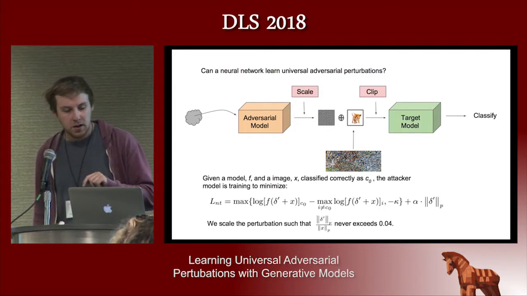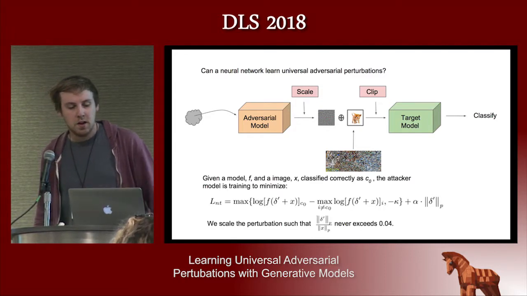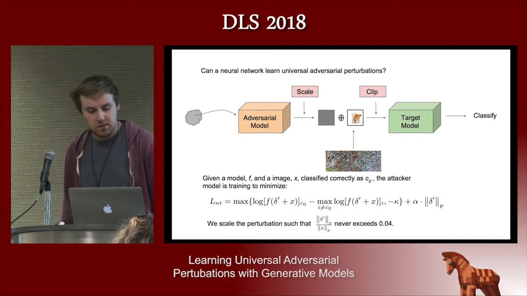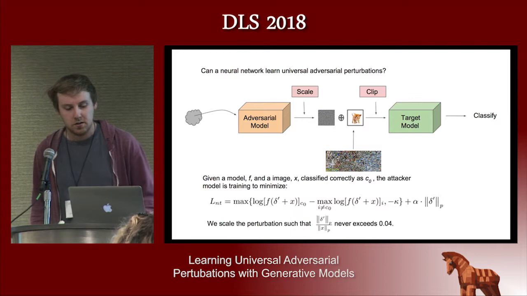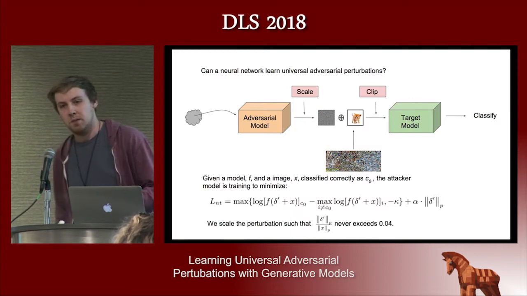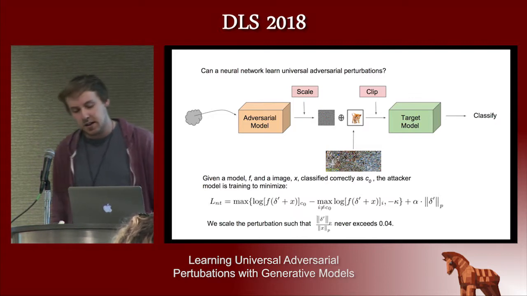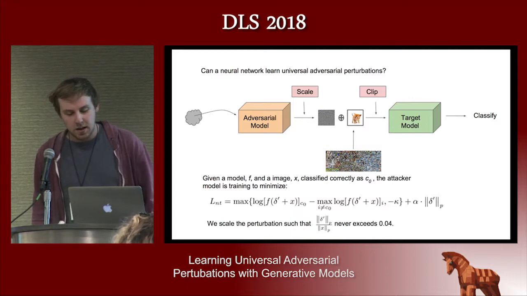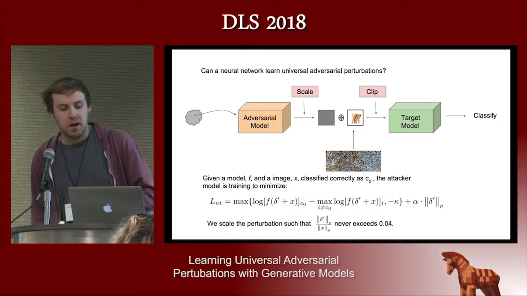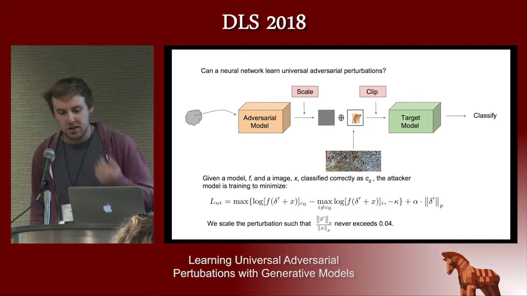We train the adversarial model based on this objective function here, which looks a bit horrible, but all it's saying is that we want to minimize the most likely class and maximize the second most likely class. This kappa says how confident we want the target model to be at misclassifying this example.